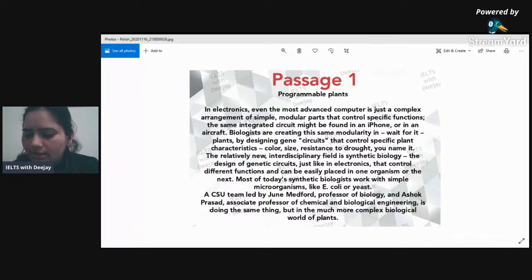The information says, most of today's, because the one we were reading right now, the answer is there only. Most of today's synthetic biologists work with simple microorganisms like E. coli or yeast.